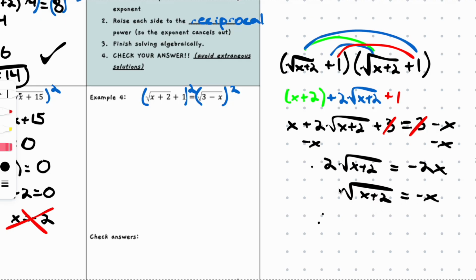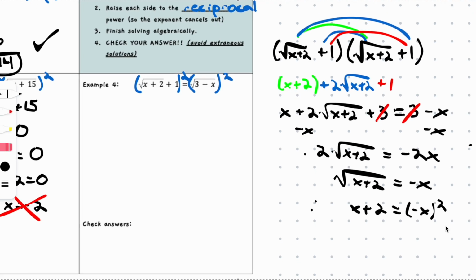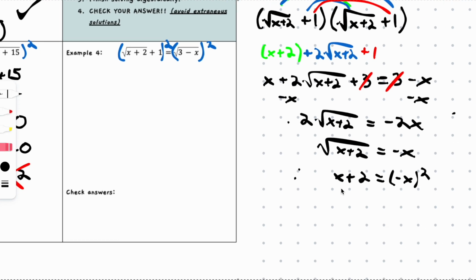We square both sides. We get x plus 2 equals negative x squared, which is the same thing as having the positive, so we can just say x squared. If I say this is equal to x squared, we can move everything over to one side, so we get x squared minus x minus 2 equals 0.